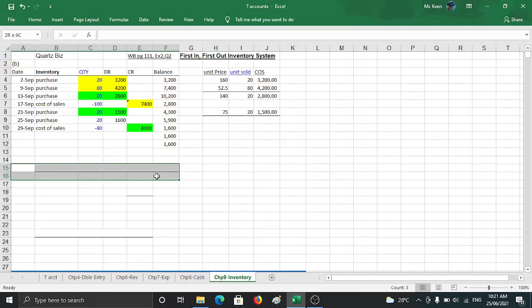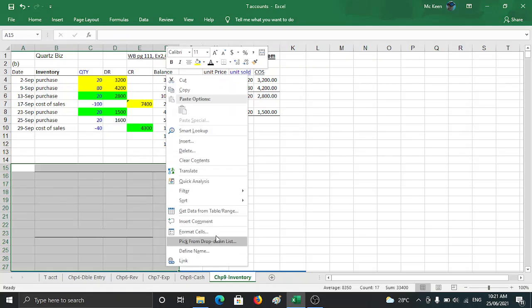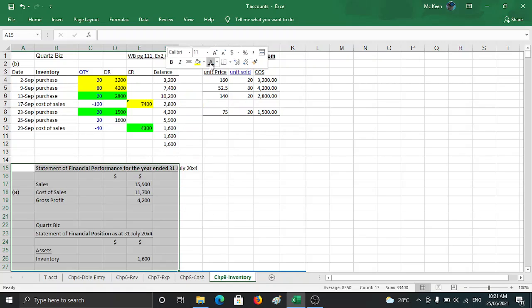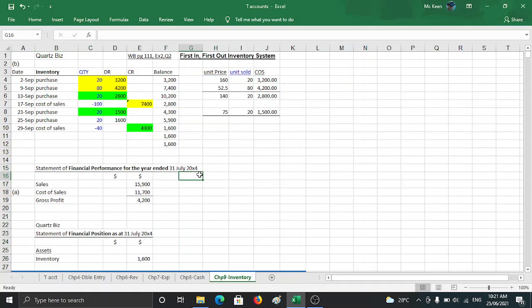So how do you prepare your statements? The statement will be a statement of financial performance. What is the sales? You can see here the selling price 10,600 plus 5,300. Cost of sales calculated above is your 7,004 and 4,003.